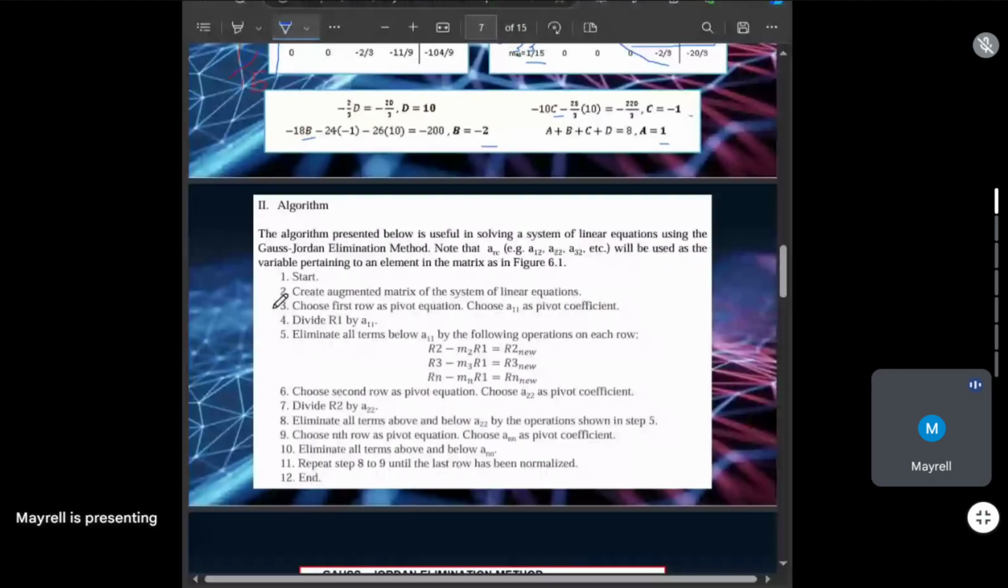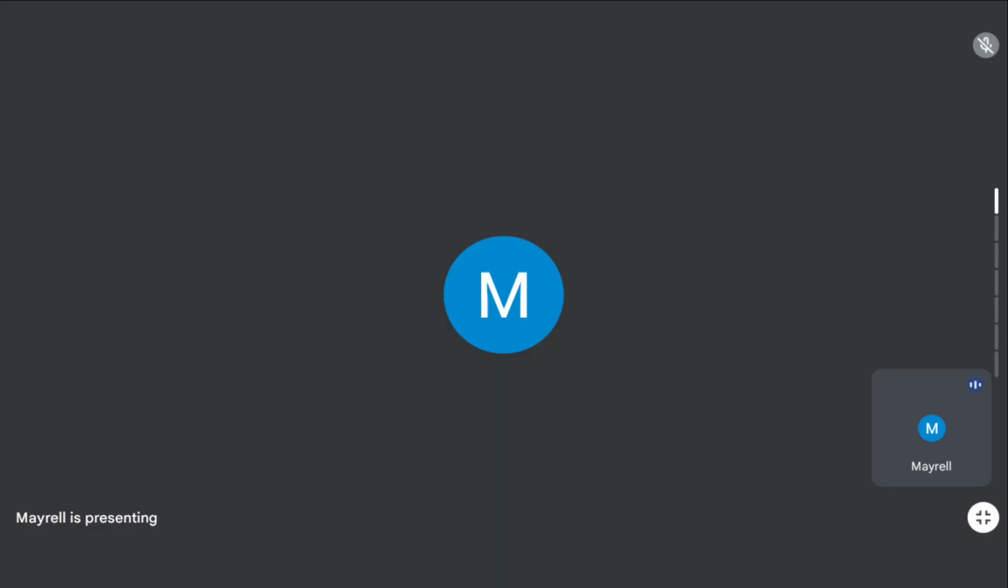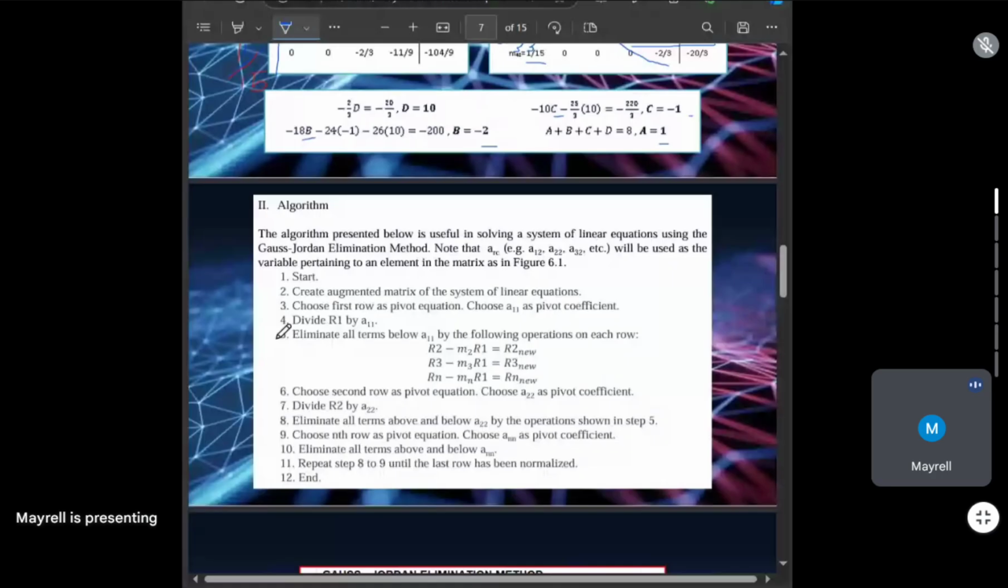So you have here R2 minus M2 times R1 equals your R2 new. So, same form or same lang sa ganiha atong gibuhat. So, the element in the row 2 minus your M2, atong gamito na to sa row 2 nga M, times the element in the row 1. So, that's the new element sa row 2.